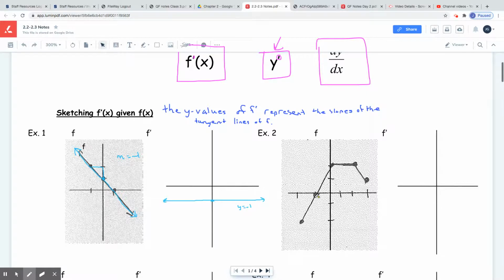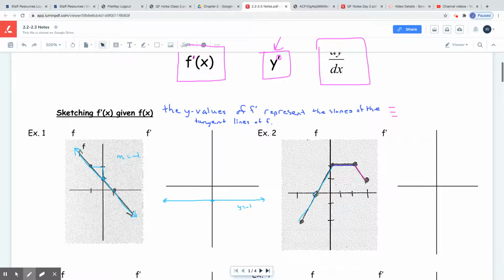If we look at the second graph, hopefully you notice you have 3 different parts to this graph, 3 different straight lines. So we're going to have 3 horizontal lines over here. For this first blue one, what's the slope?